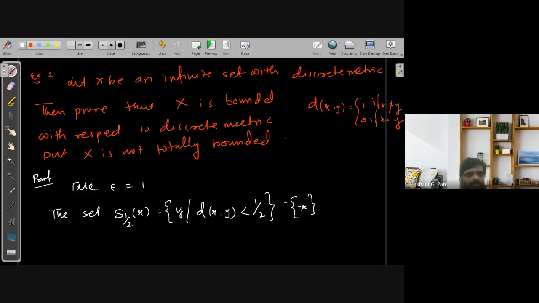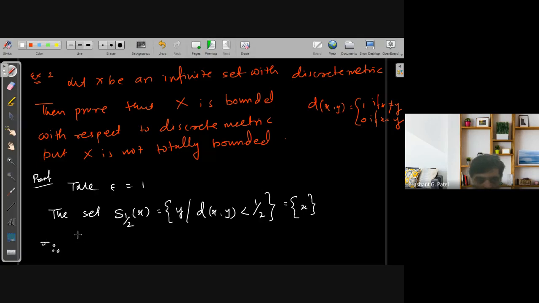This is what we can have. The set will only contain a singleton point. Now the non-empty subsets of X with diameter less than 1/2, or less than 1, are singleton subsets. That is the statement we can write.